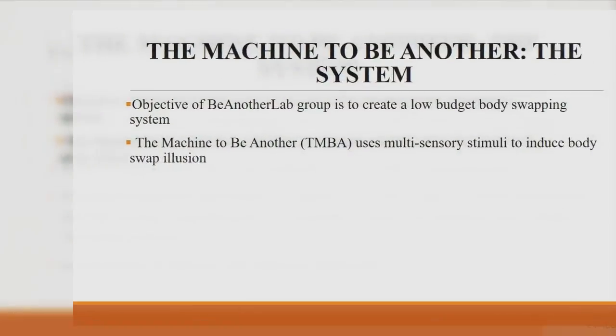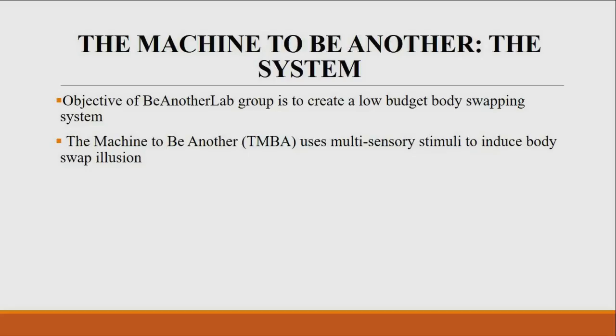Hello everyone, I am Sudra Junaid and I am going to discuss the architecture of the overall system: what hardware and software components are used and how they interact with each other. The objective of the research group Be Another Lab is to create a low budget system for body swapping.